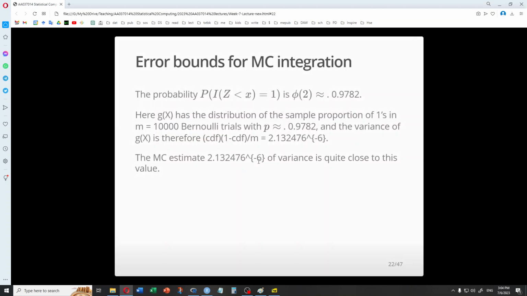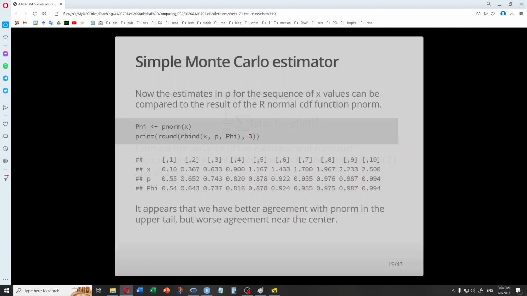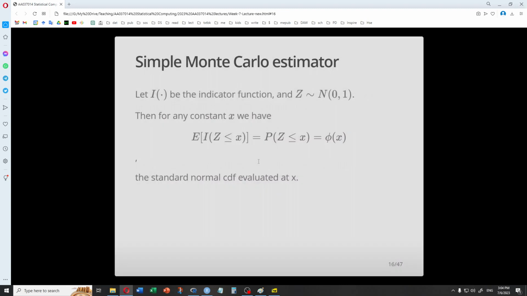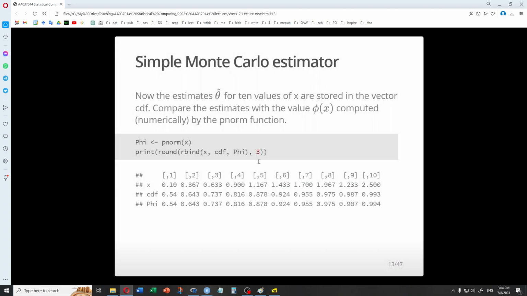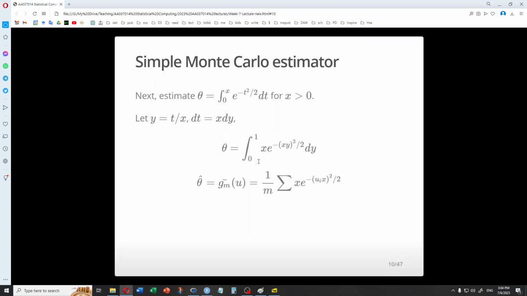If I go back, it is still related to this one, where you evaluate at x times the exponent of negative ux squared divided by 2.